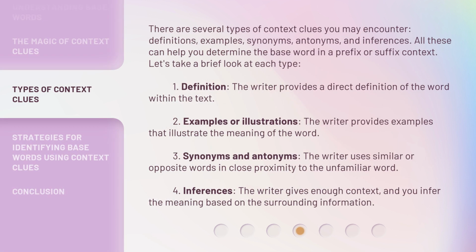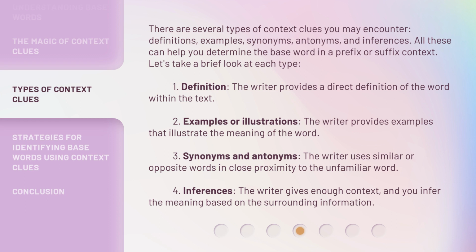There are several types of context clues you may encounter: definitions, examples, synonyms, antonyms, and inferences. All these can help you determine the base word in a prefix or suffix context. Let's take a brief look at each type. 1. Definition. The writer provides a direct definition of the word within the text. 2.